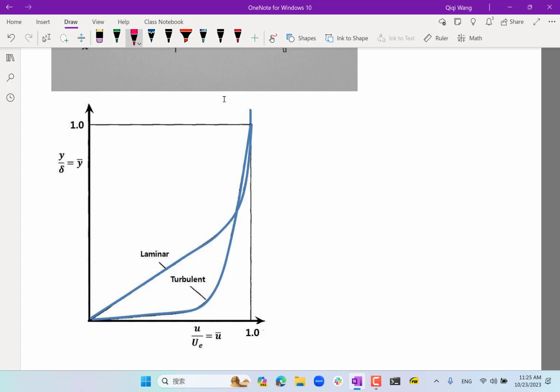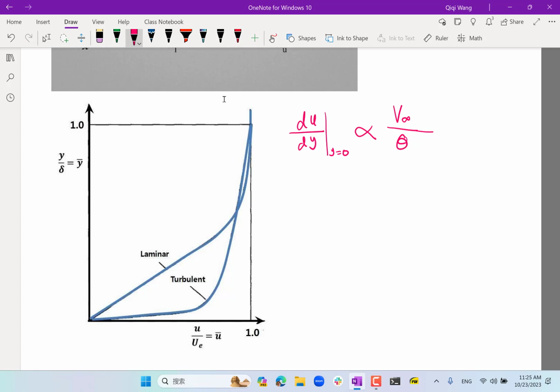So du/dy at y equal to 0 is not just proportional to V infinity divided by theta as in the laminar case, but is going to be V infinity divided by a small fraction of theta.